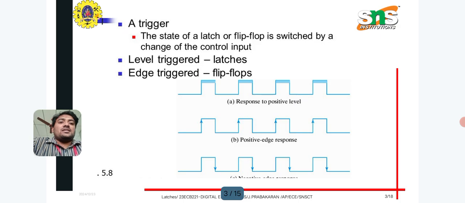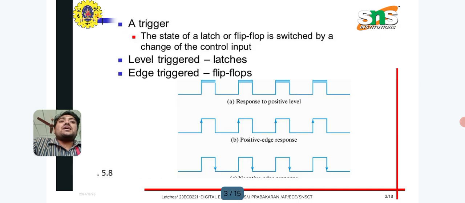And then flip-flops are edge triggered, because they are designed to respond only to specific transitions of a clock signal, either the rising edge or the falling edge. What is meant by positive edge, that is rising edge, and what is meant by falling edge, negative edge, these were all discussed in the last video itself.